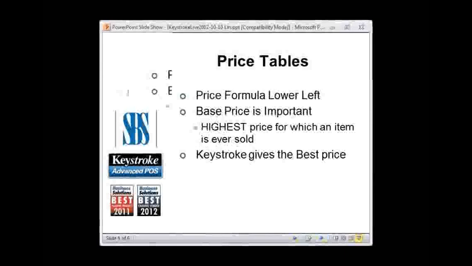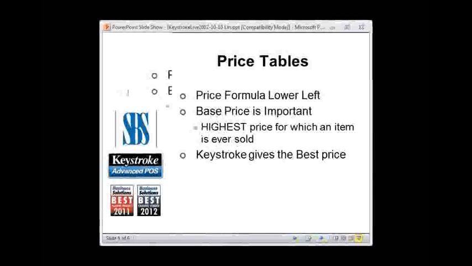The base price on an inventory record is very important when you're doing price tables for your customers. The base price should always be the highest price for which an item is ever sold.